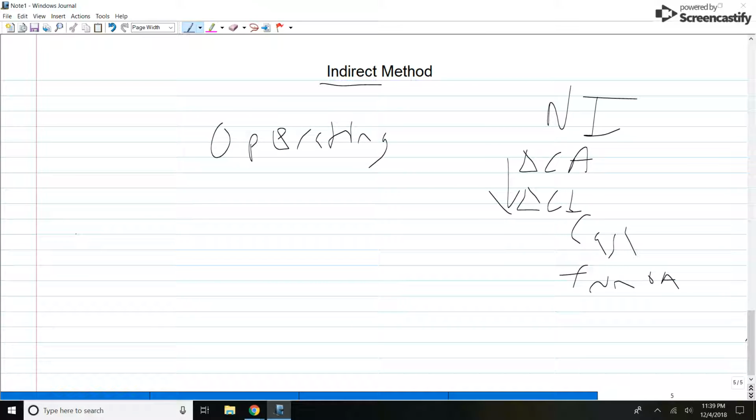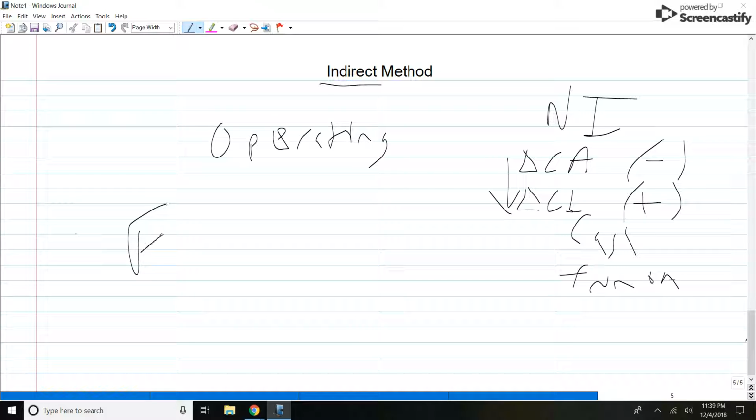If there's a positive change in current assets, it actually decreases on your way from net income. You decrease it from net income to get the cash from operating activities. And if current liabilities went up, you add the change in current liabilities to net income. So it's kind of weird.